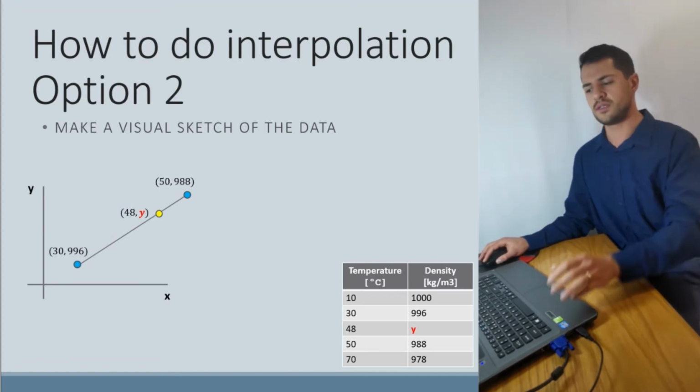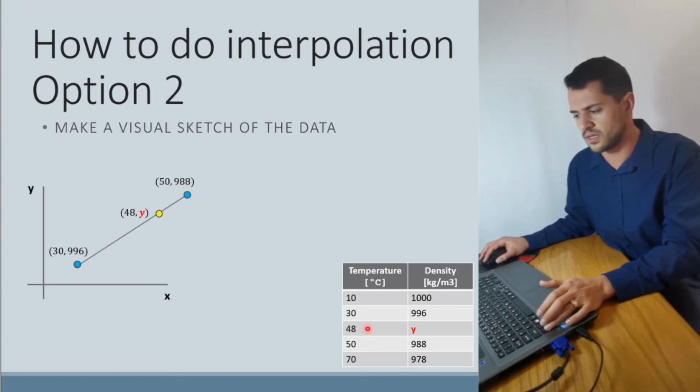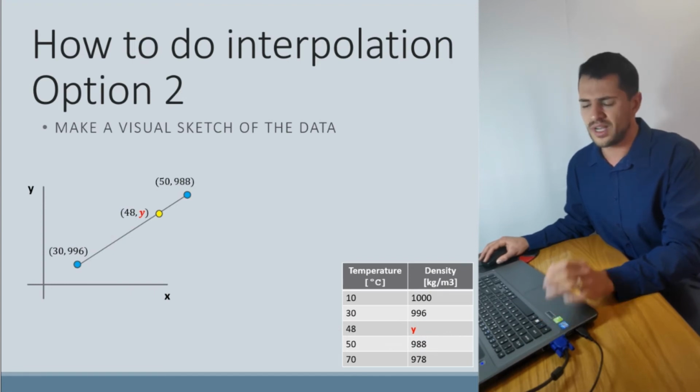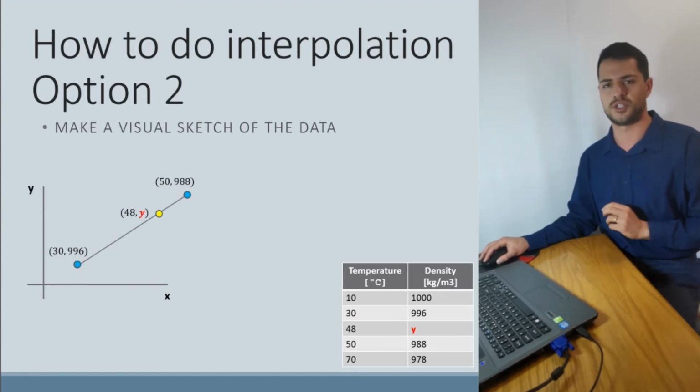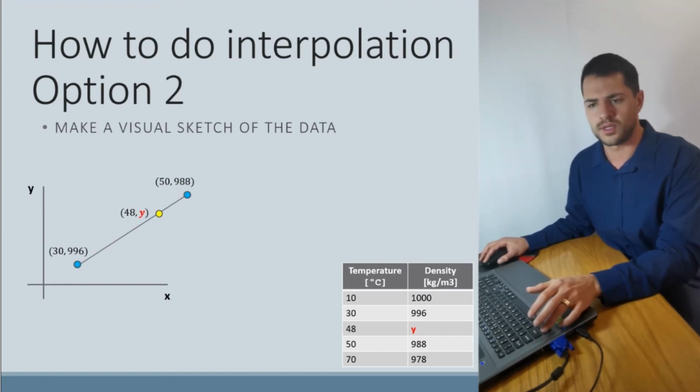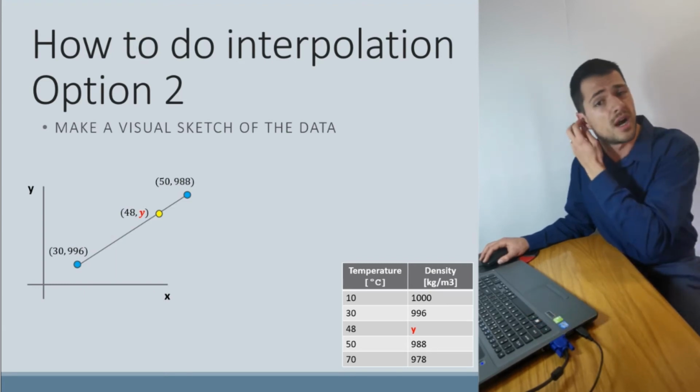So getting back to our table, we are at the temperature of 48 degrees and the density is the unknown. So I'm making this density the algebraic variable y. For us to do linear interpolation in this instance, I want to plot the adjacent data points to this specific unknown data point.